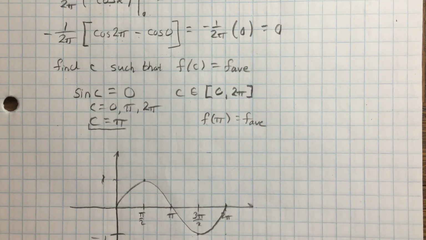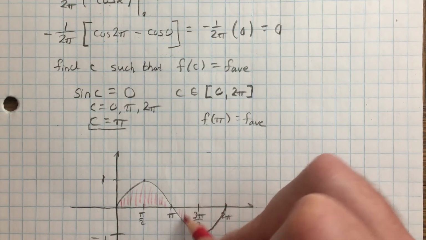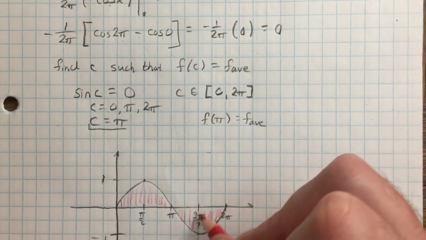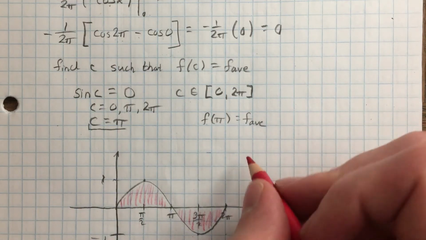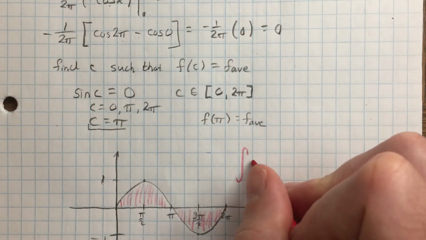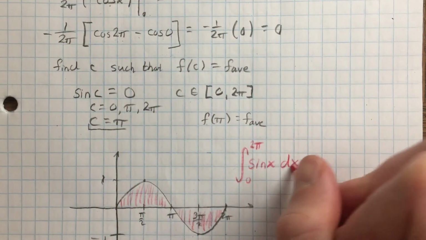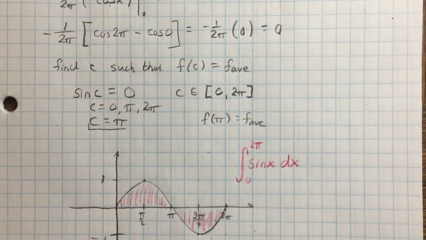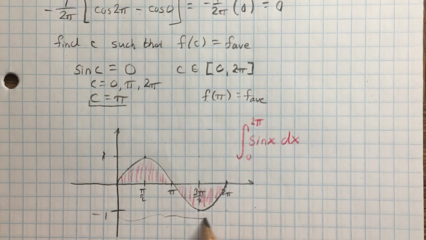If we now shade in the area that we were talking about, what is the red? The red is the integral of sine x from 0 to 2 pi dx. That is the red in the picture. That's the area there. Now, the whole interval here is 2 pi minus 0 long, which is 2 pi.